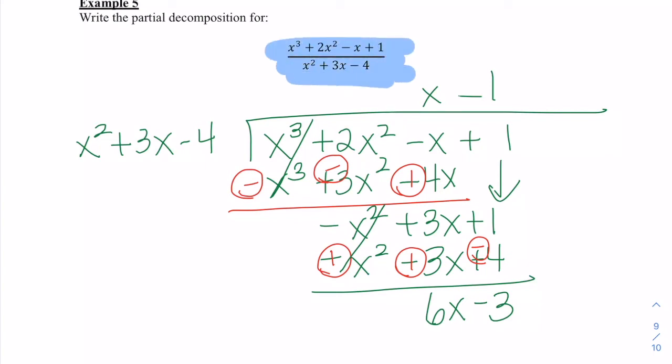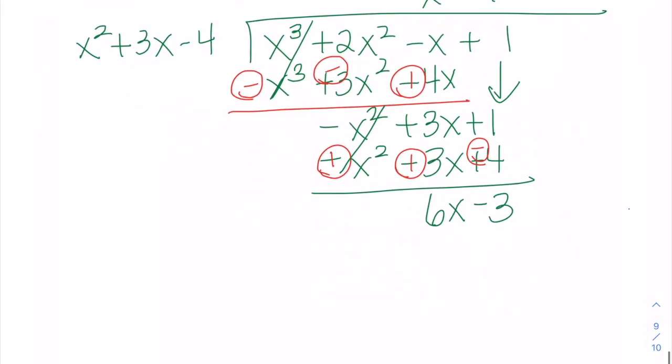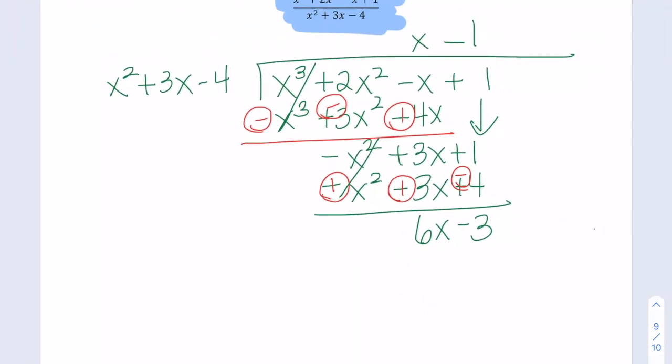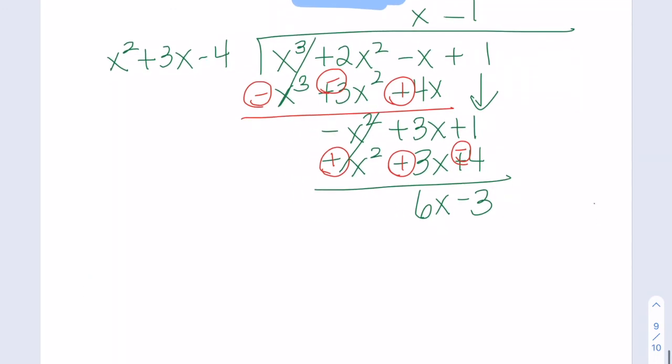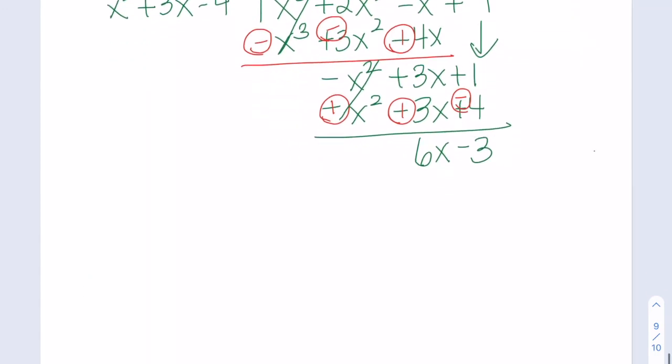So instead of writing this rational function as is, I'm going to write it with the quotient. But we're looking at the remainder, which is 6x minus 3 over the divisor, and that's what we're going to find the partial fractions of using decomposition.